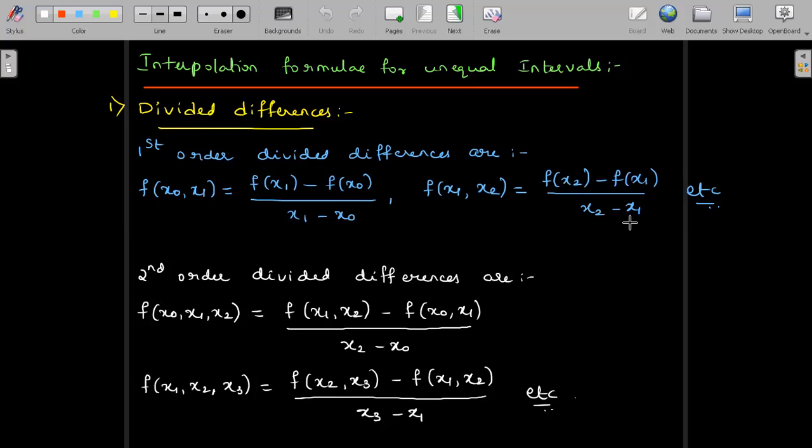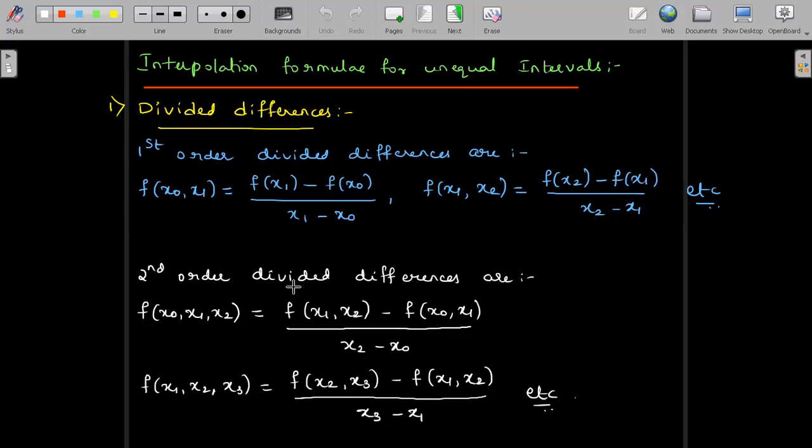Remember that f of x1 is the same as y1 and f of x2 is the same as y2, so y values are subtracted here: y1 minus y0 divided by x1 minus x0, and in the same manner y2 minus y1 divided by x2 minus x1, etc. So these are the first order divided differences.